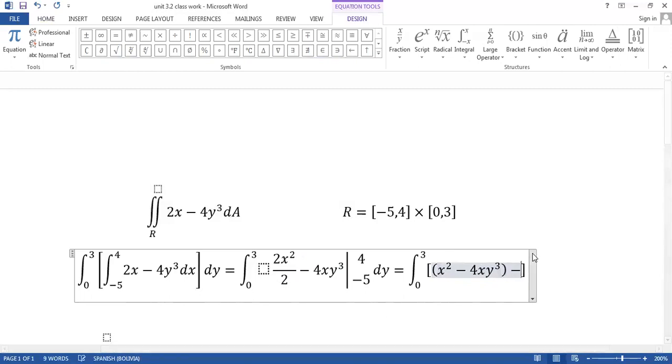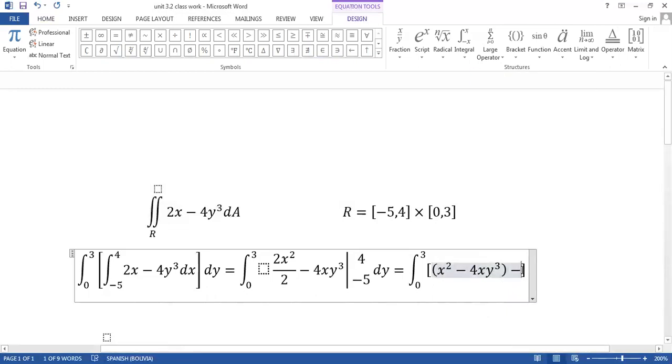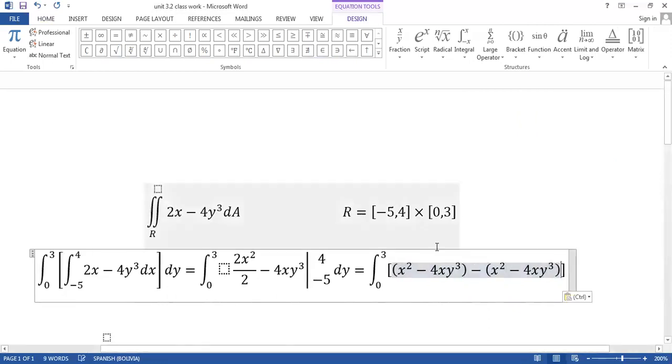You're going to put back the limits. Let me just copy and paste. So now you're plugging in, evaluating this from -5 to 4.